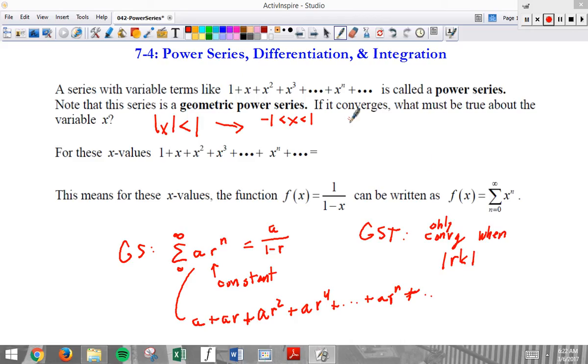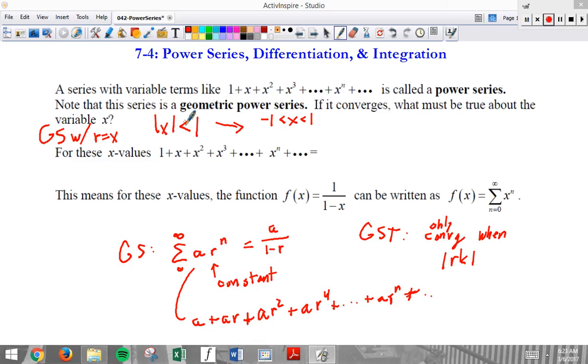So if r is x, it's a GS with r equal x. So we need the absolute value of x to be less than 1. Pause that. Go back and rewatch it. Make sure that whole opening makes sense.